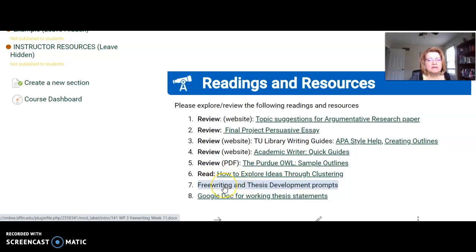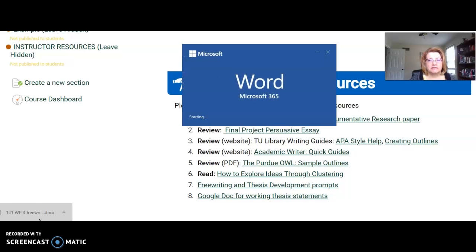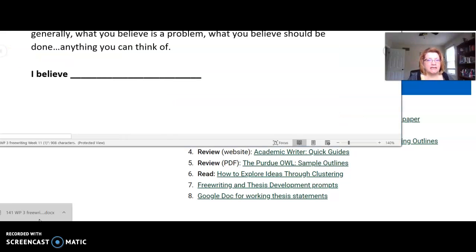Then we spent probably the longest chunk of the class time with this free writing and thesis development. See how much of this little Word doc I can get to show here. I got everybody set up to write, whether they wanted to do that by hand or on their laptops. And yeah, here we go.